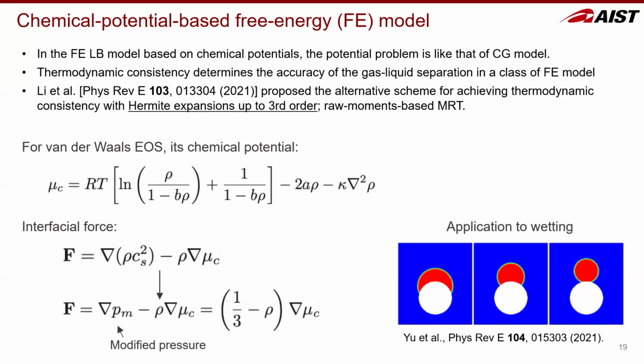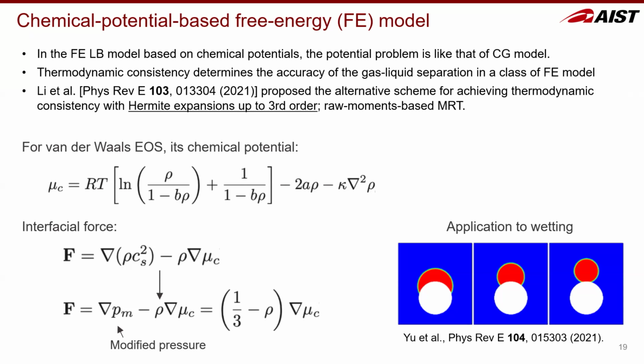In the free energy LB based on the chemical potentials, there are several similar problems still underlying as in the color gradient lattice Boltzmann. The equilibrium is slightly corrected. And the thermodynamic consistency determines the accuracy of the gas-liquid phase separation in a class of free energy models.